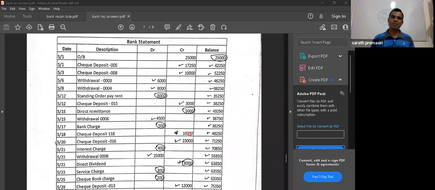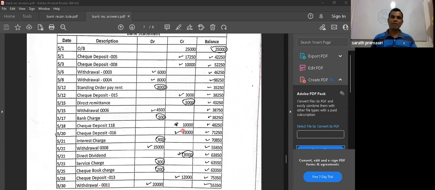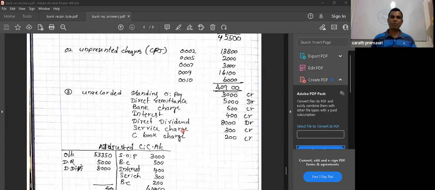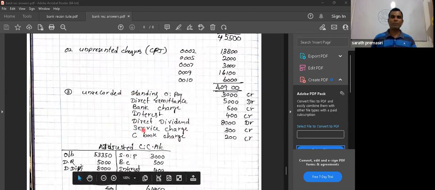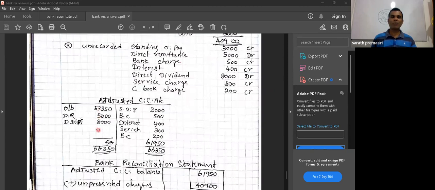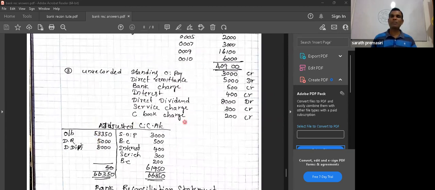2,000. Yes, you take it as how? Write it as error committed by the bank or error committed by the business. Third, fourth one, I have not written it. Error committed by the bank, 2,000.